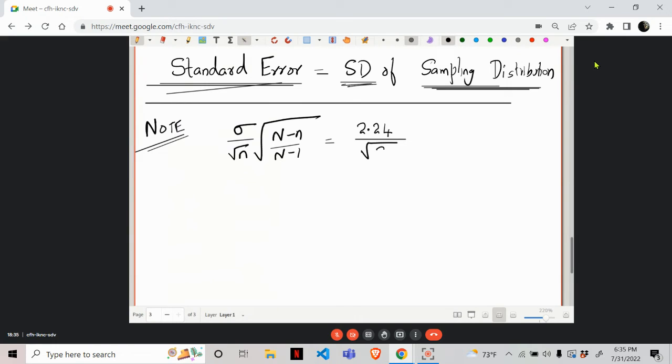And what is small n? Small n is 2. One point 1.29. How much?